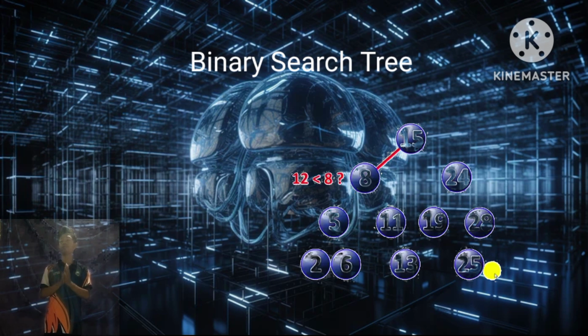We compare 12 to 8. 12 is greater than 8, so we take the right child to compare 12 to 11. 12 is greater than 11, so we take the right child. We compare 12 to 13. 12 is less than 13. 13 has no children, so we add 12 as a new left child for node 13, so we can see that number 12 is inserted as a leaf node.